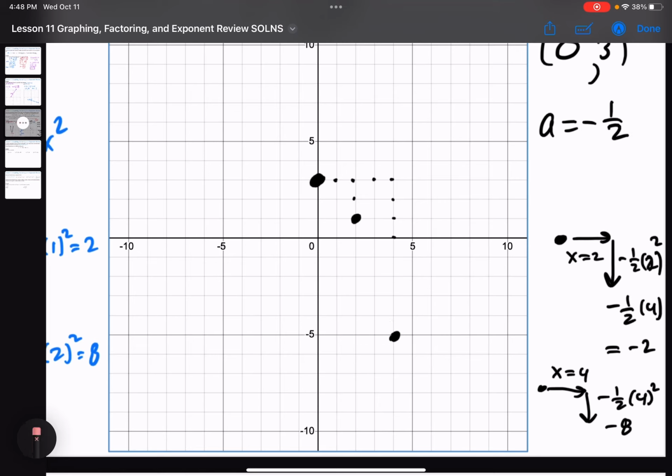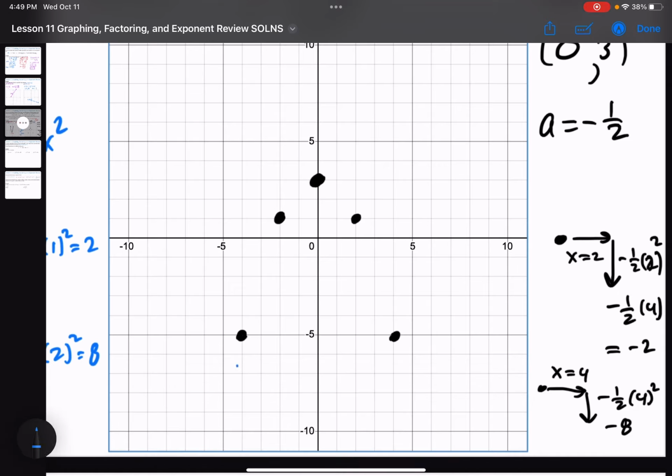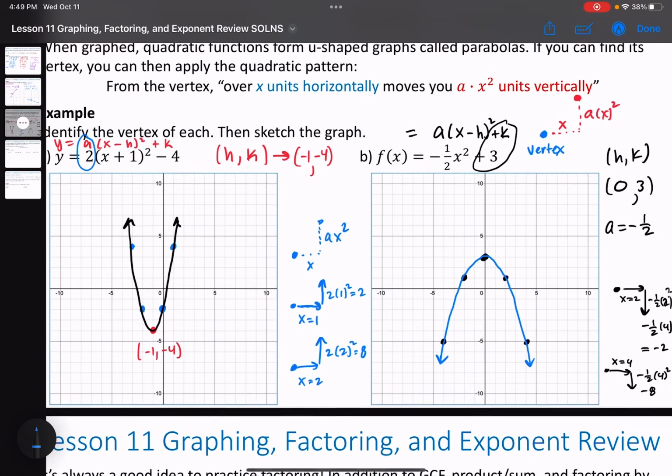And one thing to keep in mind with parabolas always is that they are symmetrical. So that means we can simply reflect a couple of points on either side of our vertex. And when we connect our dots with a smooth curve, we end up getting a parabola that looks something like this.